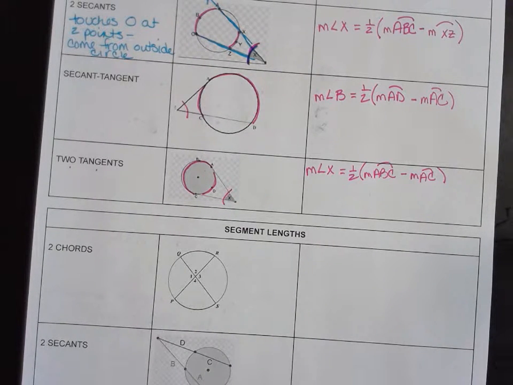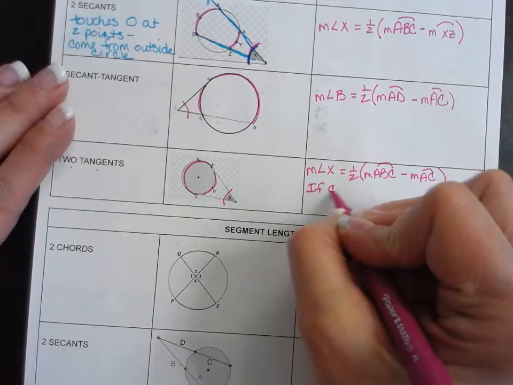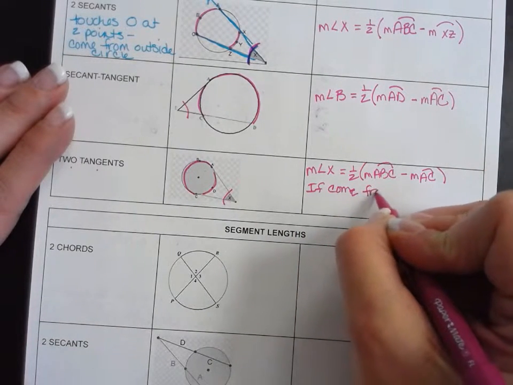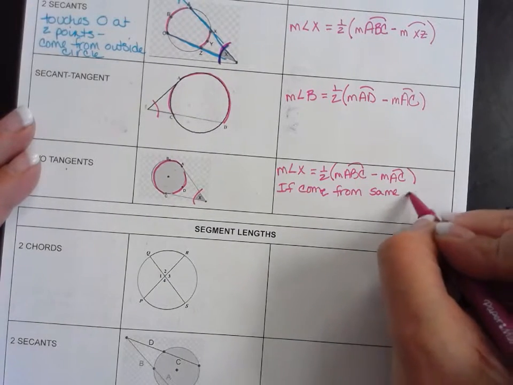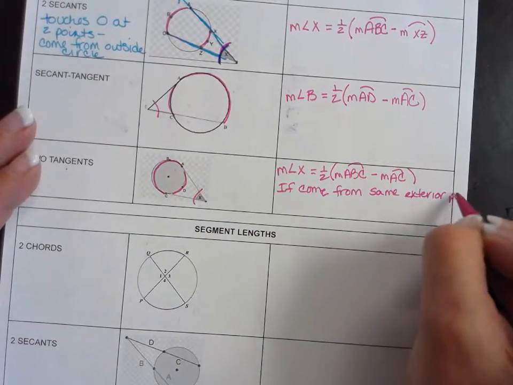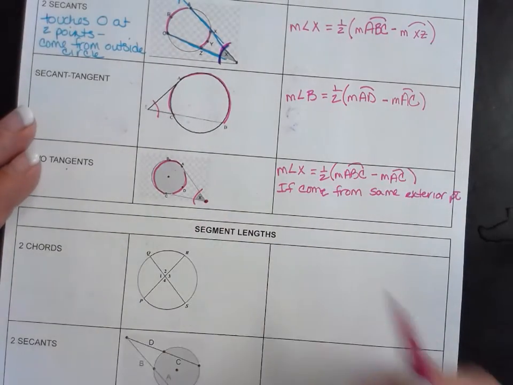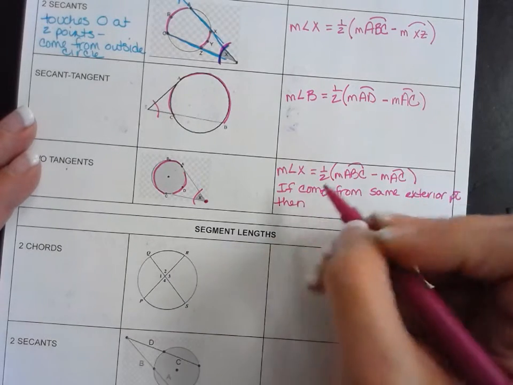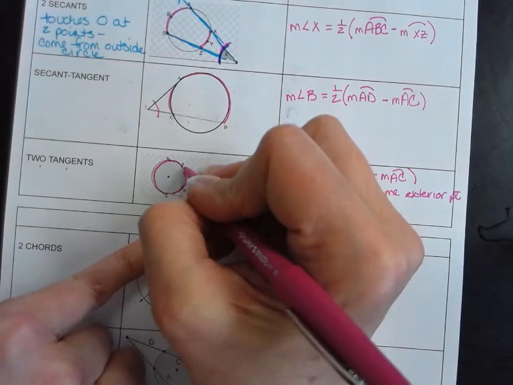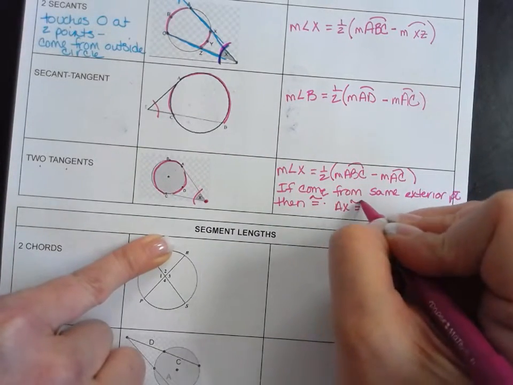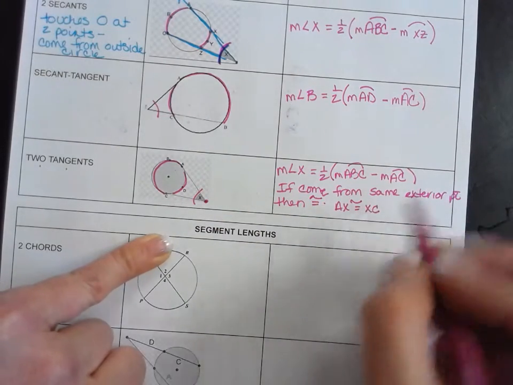But there was something else about two tangents that was kind of cool. You may remember. If they come from the same exterior point, like they do here, then they're congruent. So AX is going to be congruent to XC.